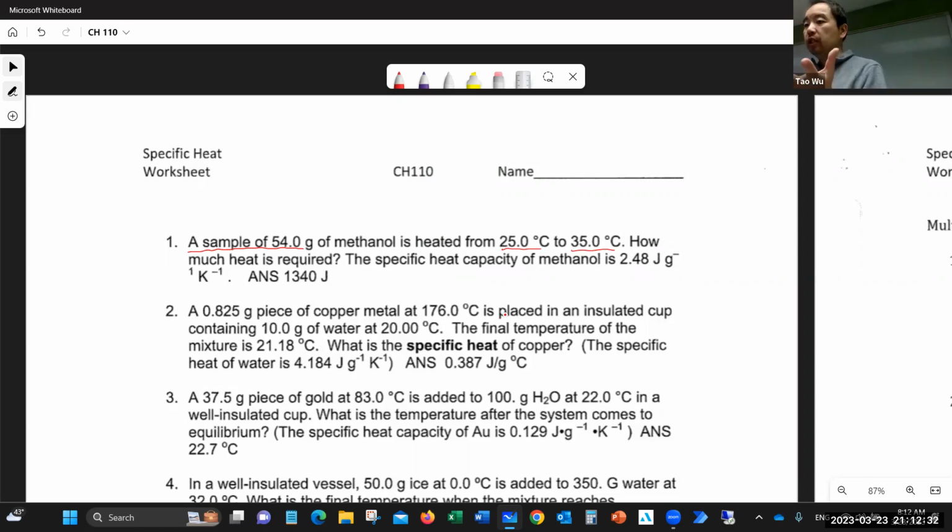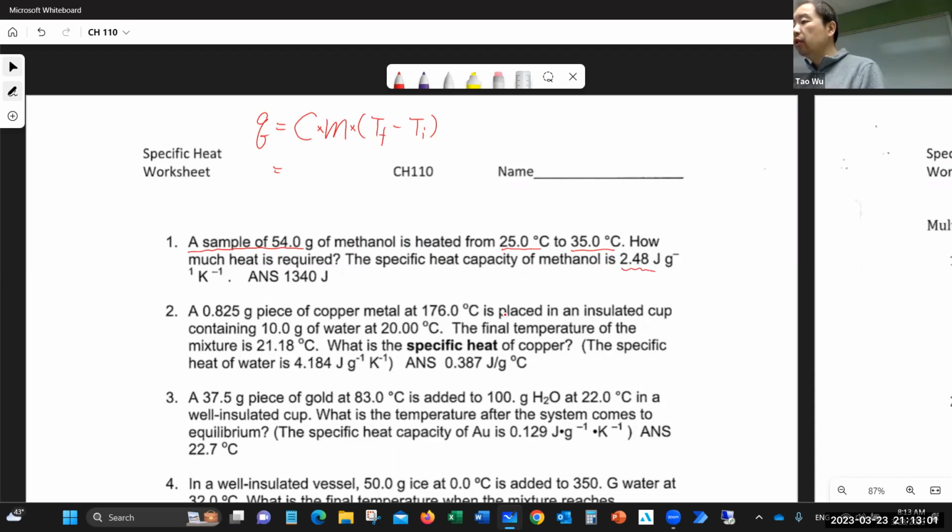So Q, which is the heat, equals specific heat, capital C, times m, which is the mass, times final temperature subtract initial temperature. Those are all multiplication in between. So for heat, you need to find the specific heat.